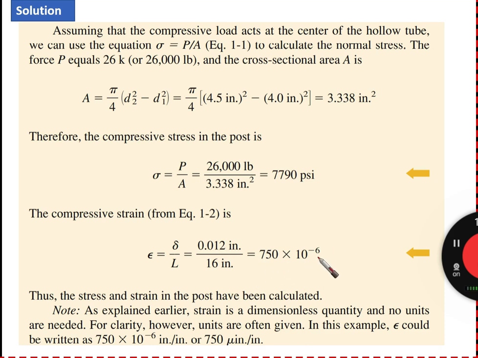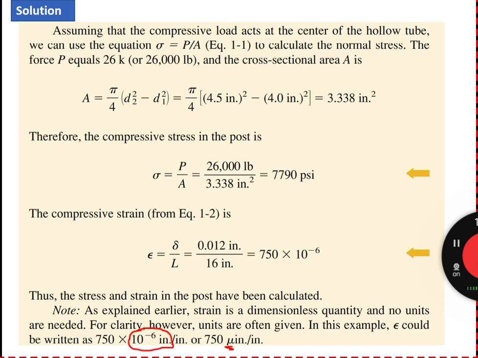For example, epsilon could be written as 750 times 10 to the minus 6 inch per inch. Or instead of 10 to the power minus 6 inch, we can put micro, micro inch. This would be understood also in a better way.